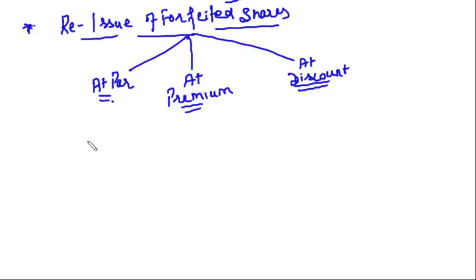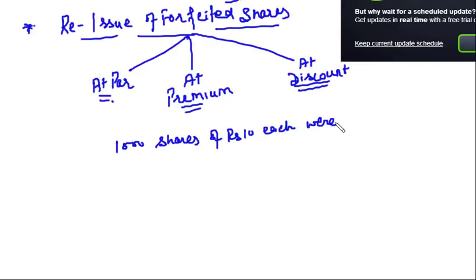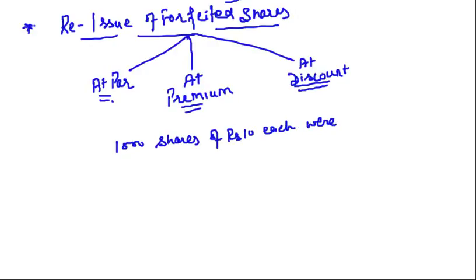Now let us take an example that 1000 shares of rupees 10 each were forfeited and then reissued.